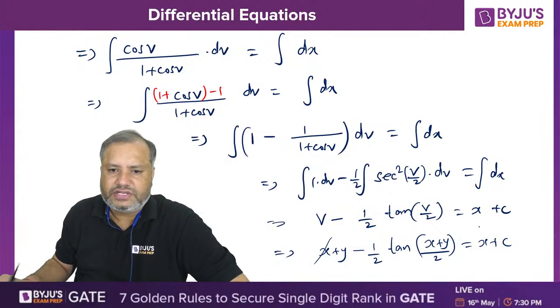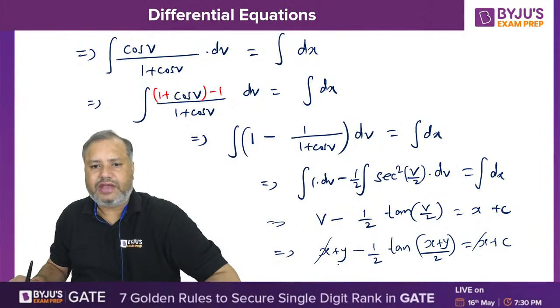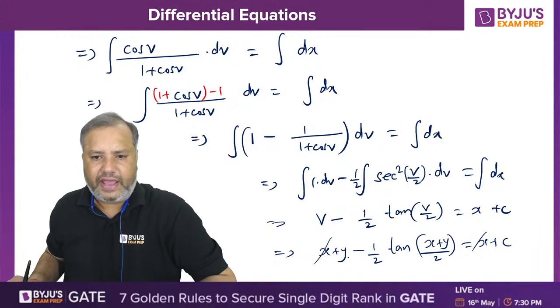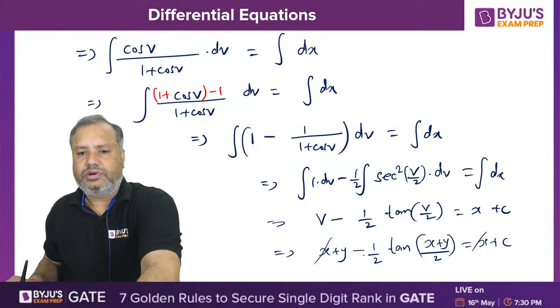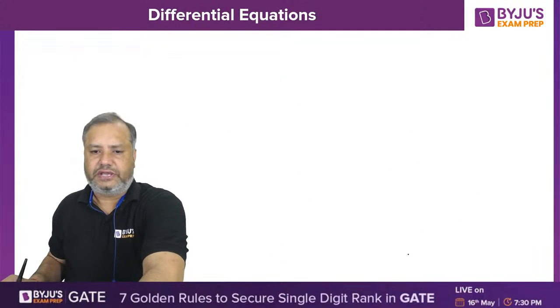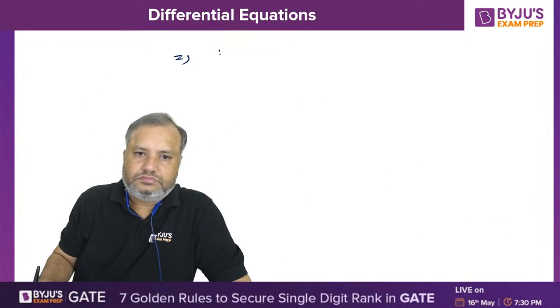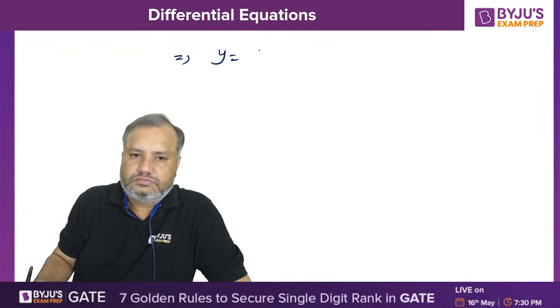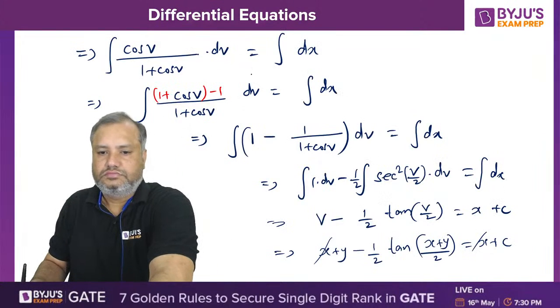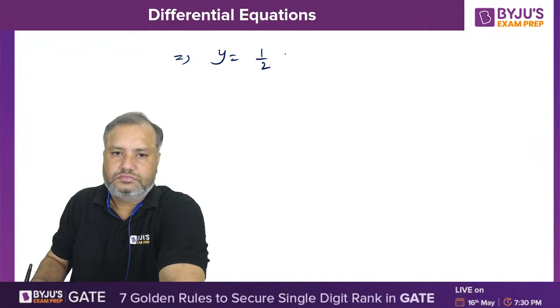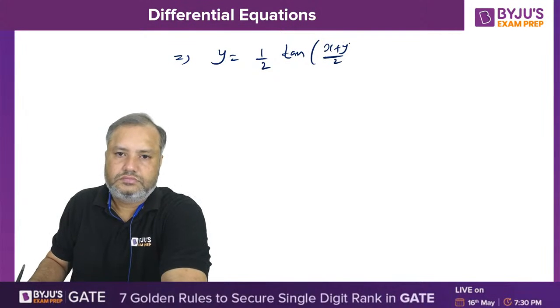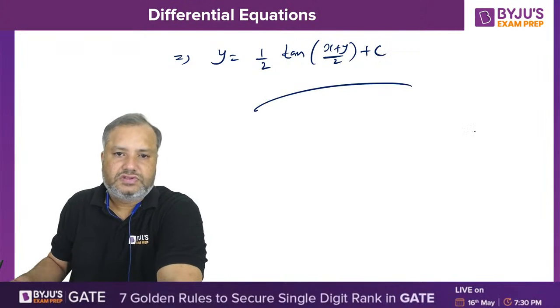So all my dear students, this x and x gets cancelled, and finally you will be getting the value of y. So y equal to 1 by 2 tan of (x plus y) by 2 plus c. So this is the answer.